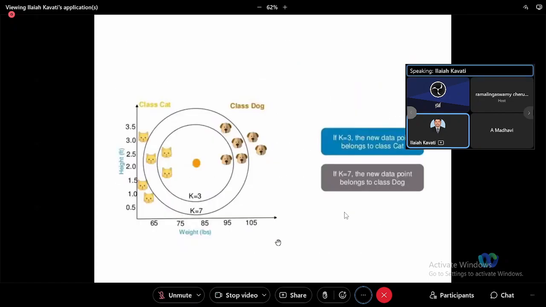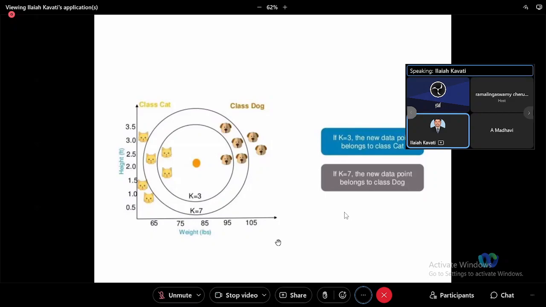But choosing K is very, very important in the K-NN classifier, because we have to do it experimentally, to see where we are getting good results. Based on that, we need to finalize the K value.